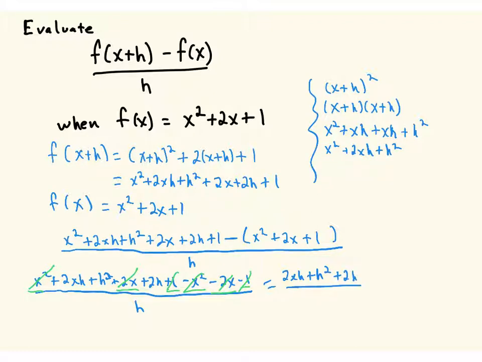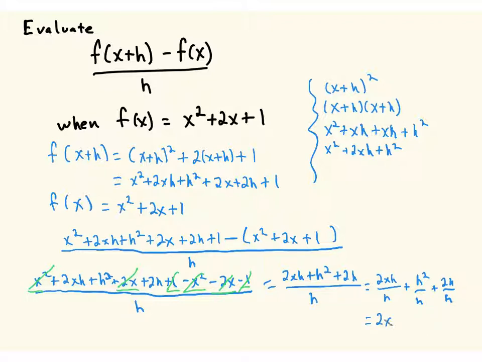over h. Now we can write these as separate fractions, and by doing this, what we'll be able to do then is reduce each of those fractions, because if you'll notice, there is an h in the numerator and the denominator that we can reduce to 1.